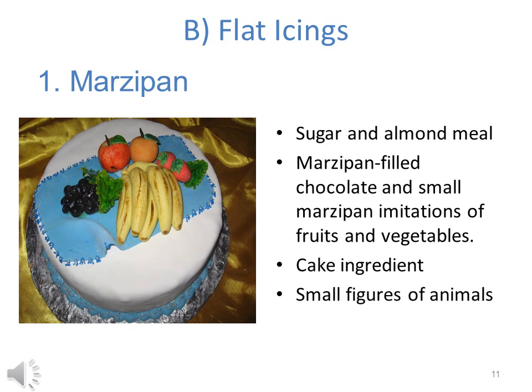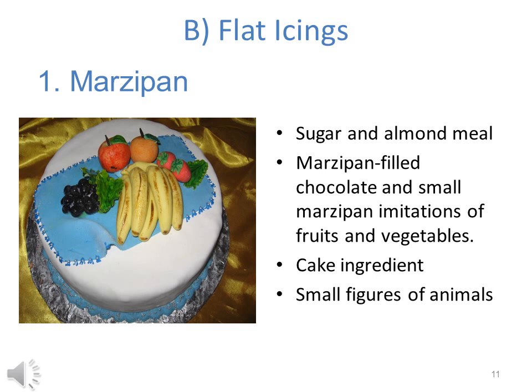The second type of icing is flat icing, in which air is not incorporated. The first example is marzipan. Marzipan is a confection consisting primarily of sugar and almond meal. Common uses are marzipan filled chocolate and small marzipan imitations of fruits and vegetables.